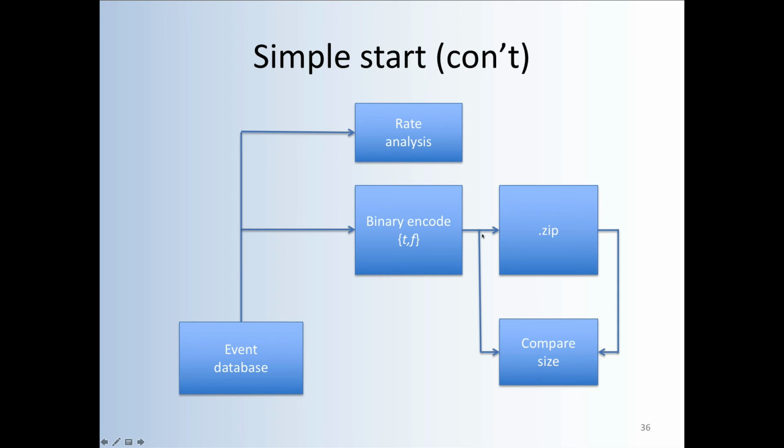If, for example, it was due to totally random events due to natural causes, then in general there would not be very much redundancy, and there would be not much compression going on here, or a predictable level of compression going on here. On the other hand, if it's an information bearing signal that has some redundancy in it, then we would start to see a disparity between before and after compression. Anyway, these are really simple techniques that can be programmed in very short order that can get us started, and then over time we can go back and reanalyze this event database using more and more sophisticated statistical hypothesis testing algorithms.